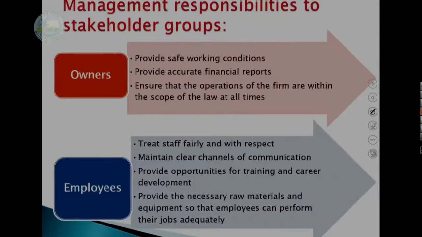So the first one that we're actually going to look at is the owner of the organization, because the owner of the organization may not be the one that actually runs or manages the day-to-day operations.